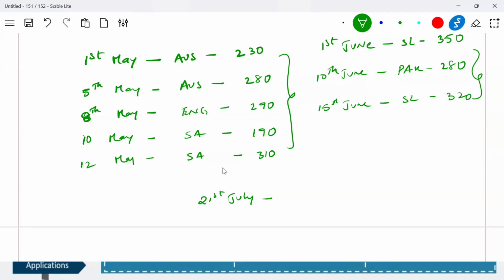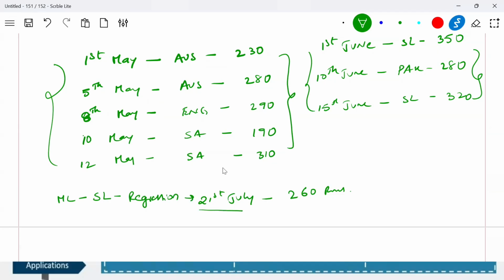I am taking the past 10 matches' data and predicting that India will score 260 runs. So this is the first problem. I used machine learning. In machine learning, I used supervised learning. In supervised learning, I used regression. And I predicted that on 21st July, India will score 260 runs.